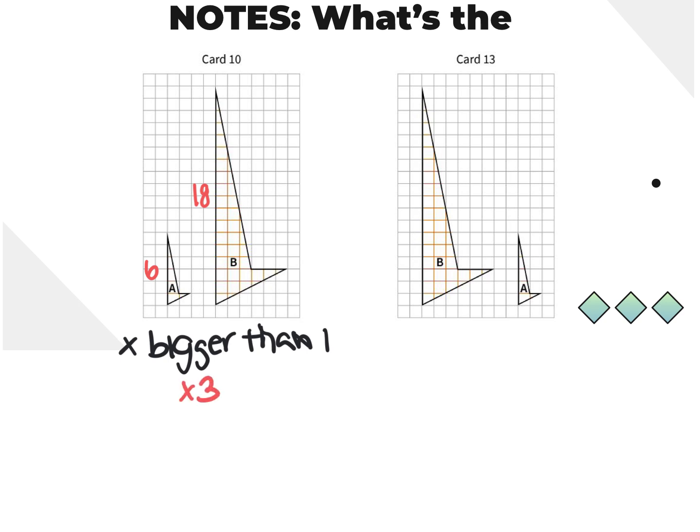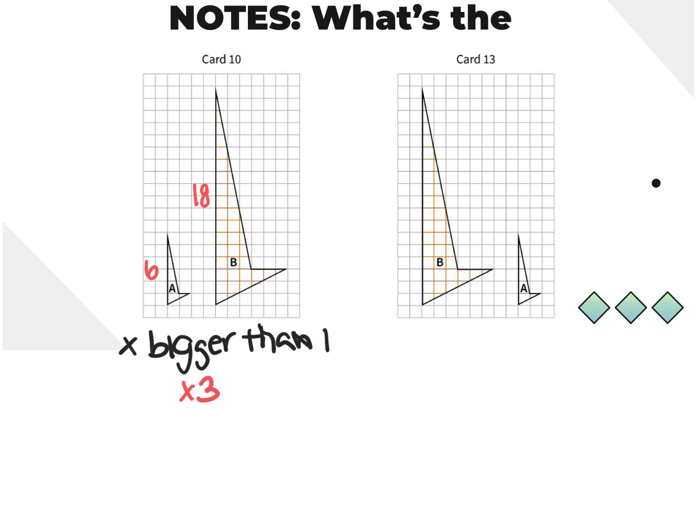So our scale factor here is 3. Okay? So you should be writing that under where it says getting bigger. You need to multiply by something bigger than 1 or greater than 1. This is what you're filling in.